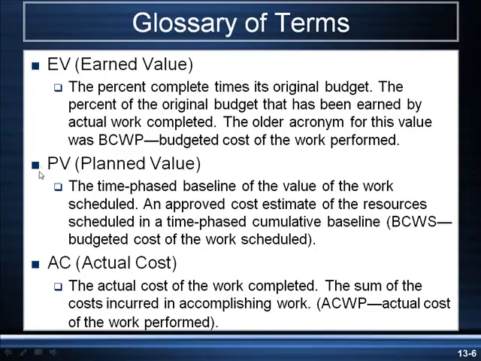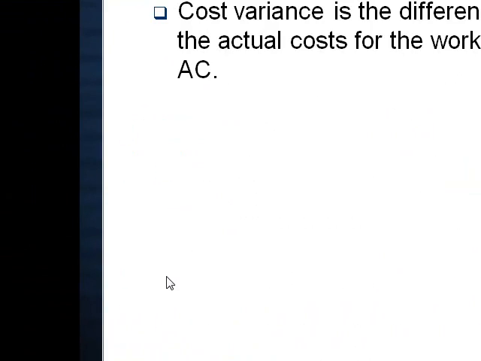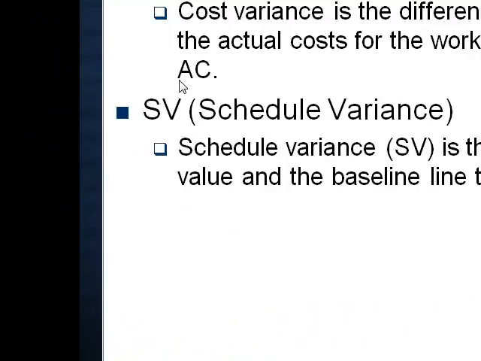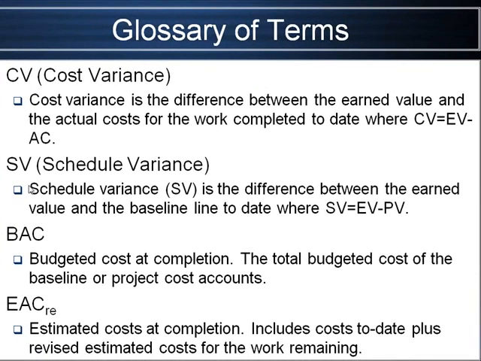Okay, so we've got the earned value, the planned value, and the actual cost. The next thing that we want to talk about is the cost variance. Cost variance and the schedule variance are very important. The cost variance is simply the earned value minus the actual cost. So basically, we expect that we would have spent 40,000 dirhams. We've actually spent 35,000 dirhams.